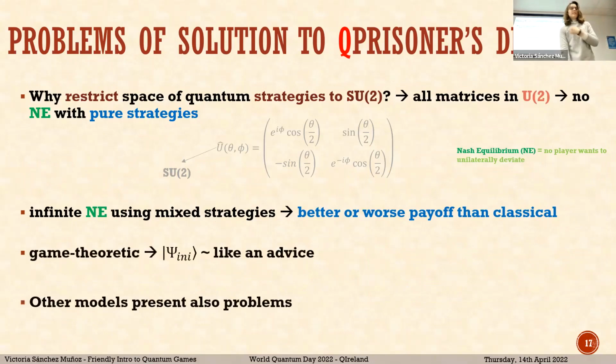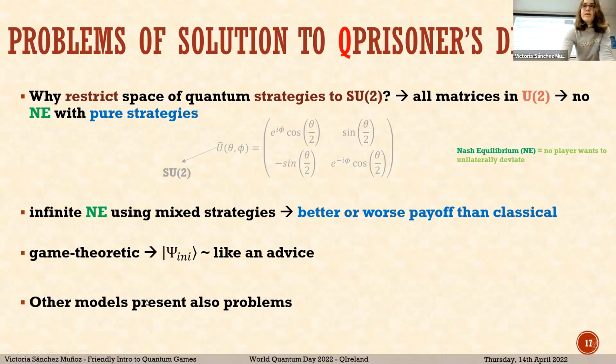Again, from the game theoretical perspective, this setup presents some problem because it's like the quantum state is acting like an advice in a sense. Which differs from the original game in which they cannot communicate and they should just stick to their own reasoning, if you want. So in this sense, this quantum state could act like an advice, so it's kind of a different game.